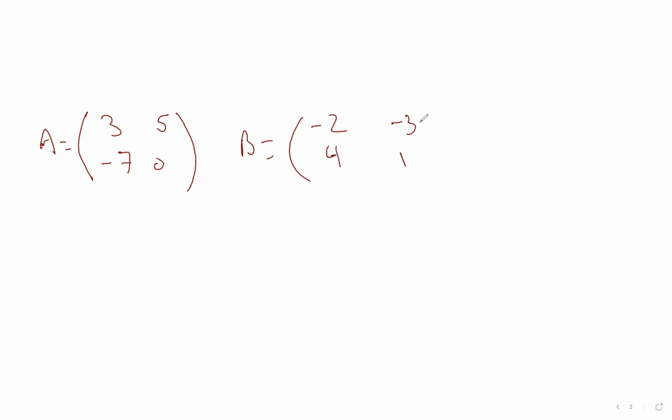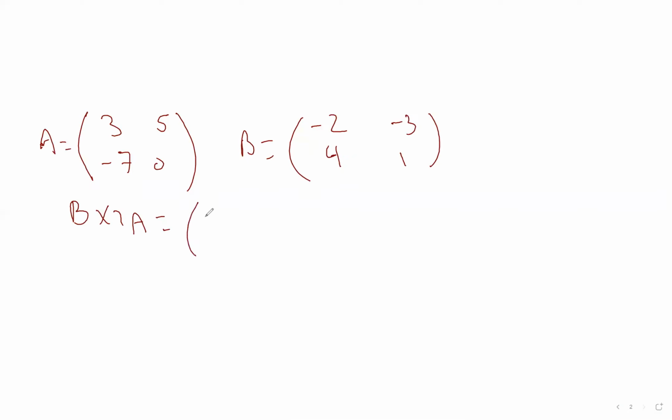بعد كده if A equals 3 and 5 negative 7 and 0 and B equals negative 2 negative 3 4 and 1 and we need to find B times 2A.